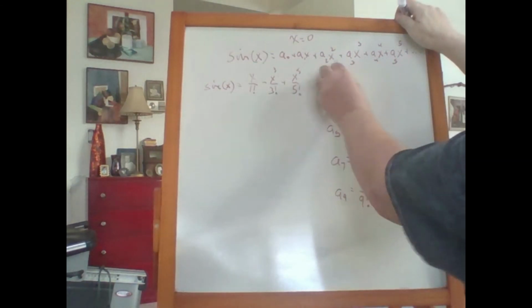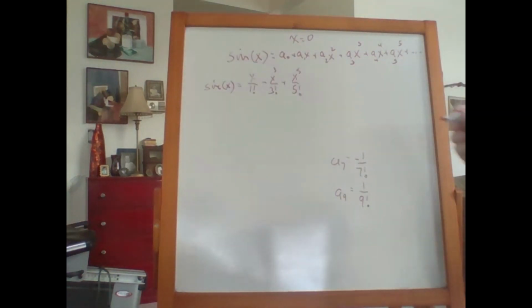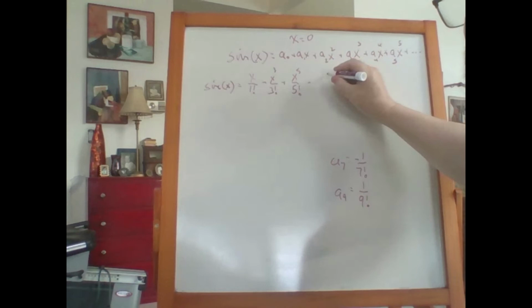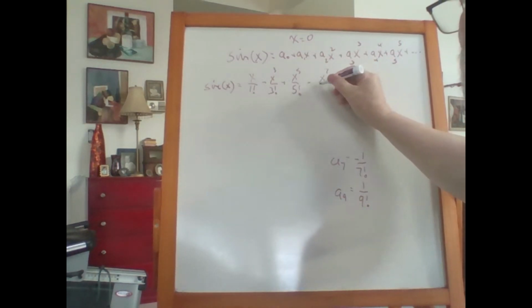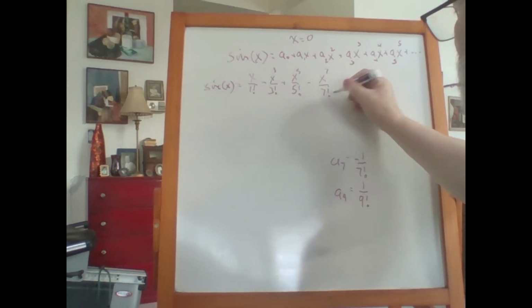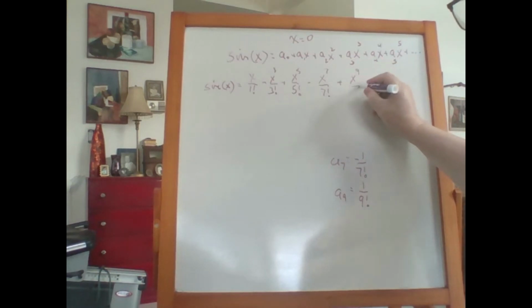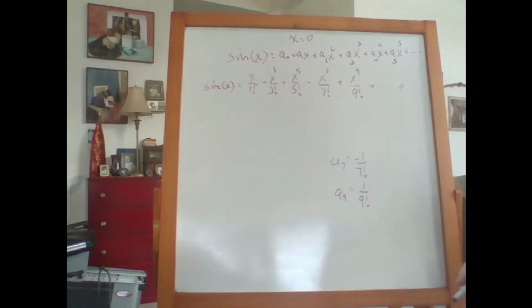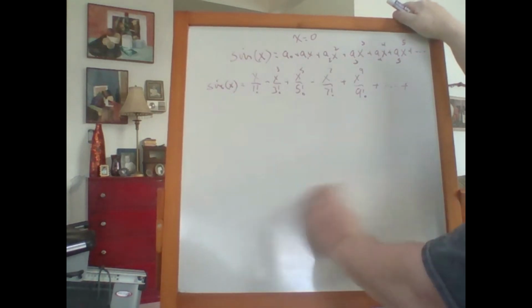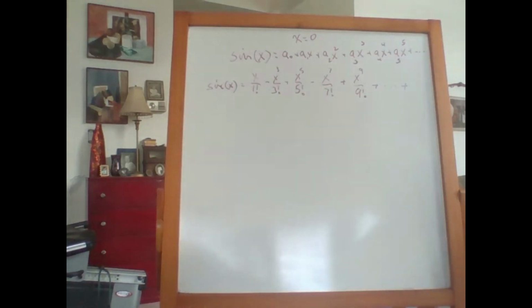And I got to make room, minus x to the 7 over 7 factorial plus x to the 9 over 9 factorial plus, goes on for infinity. So now we've got the infinite polynomial or Taylor series for the sine function.